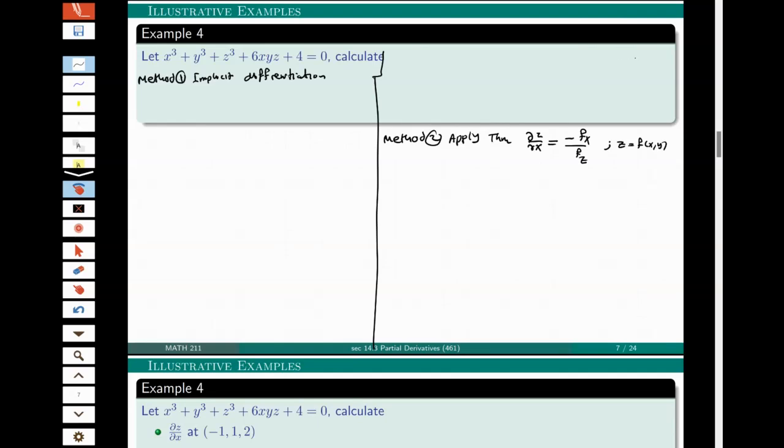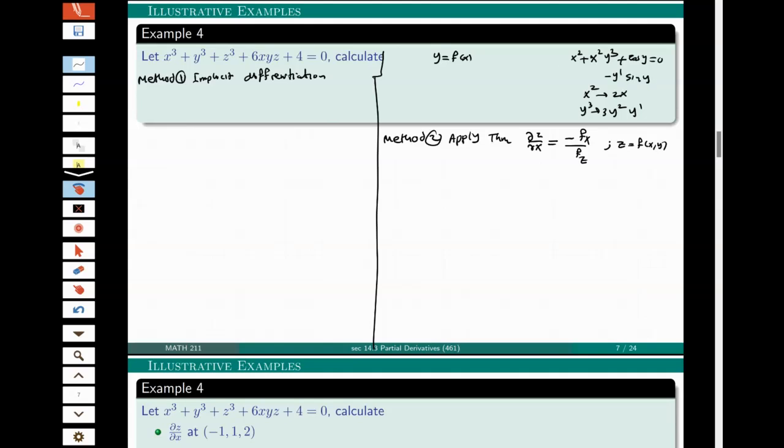For implicit differentiation, I want to remind you of calculus 1. When we have x squared y cubed plus cosine y equal to 0, when we differentiate x squared, we just say 2x, because y is a function of x. But when we have y cubed, we say 3y squared y dash. For cosine, we say minus y dash sine y.